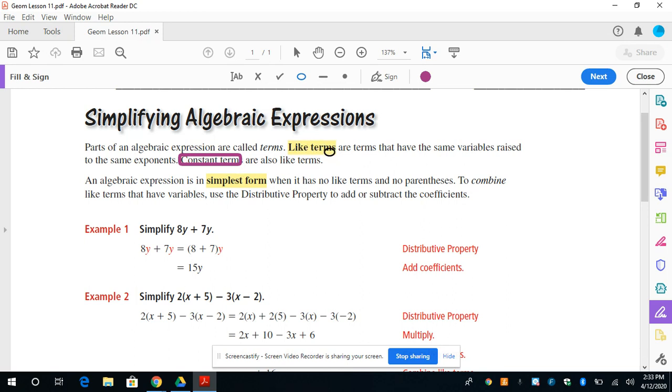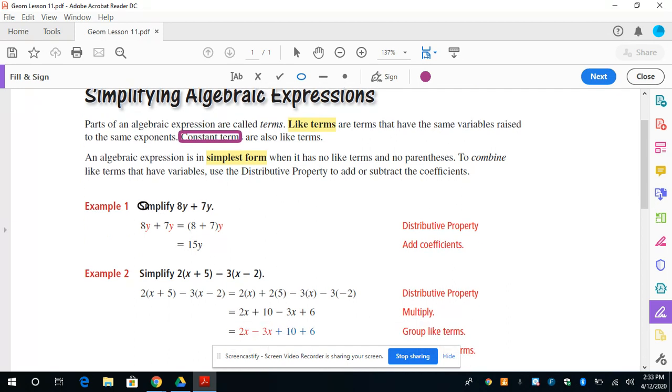Like terms have the same variables. So if you have a 4x plus an 8x, in the example down here, they have 8y plus 7y. So here at the bottom, you'll see these are like terms. A lot of you will just say, all right, so there's 8y's and there's 7y's.